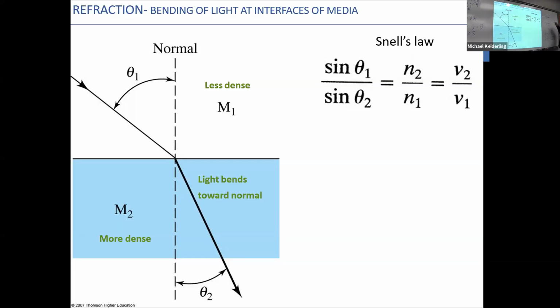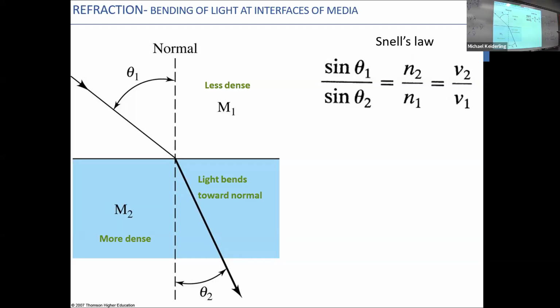So Snell's law is that the index of refraction 1 times sine theta 1 equals the index of refraction 2 times sine theta 2. And those angles are measured from the perpendicular, from the normal. So here, when you go from a less dense material to a more dense material, light will bend towards the normal.